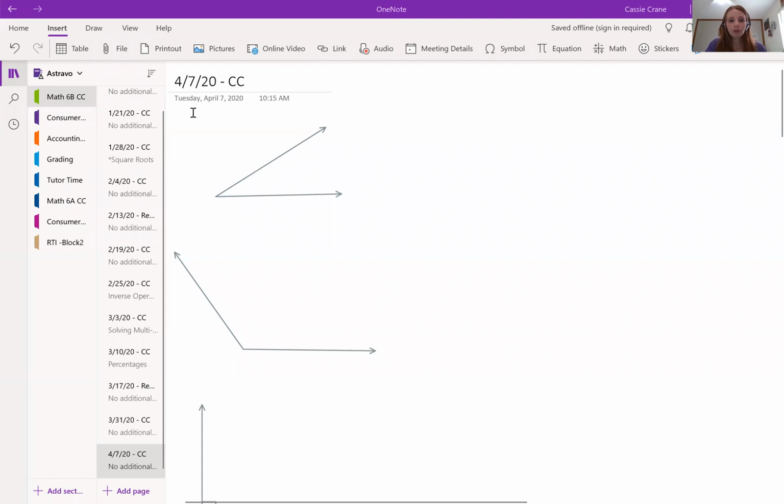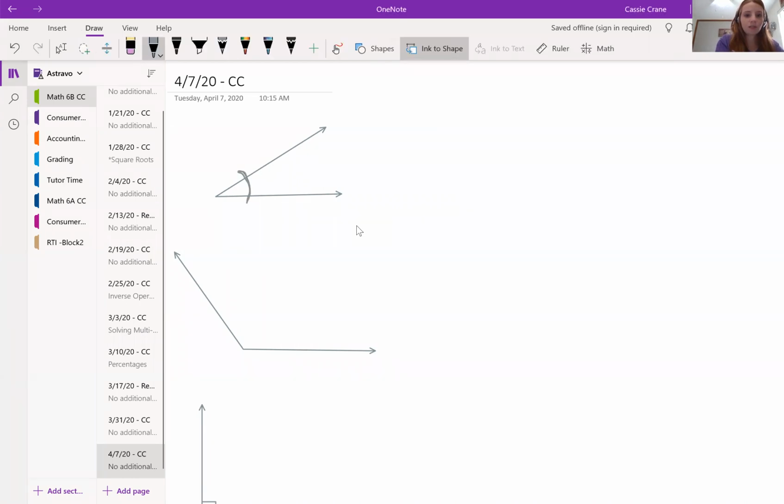If we look up here on my screen that I've shared, you guys are already ahead of me. Good job. This first angle right here, we've already got several saying that it's acute. That is correct. How do we know that this is an acute angle?